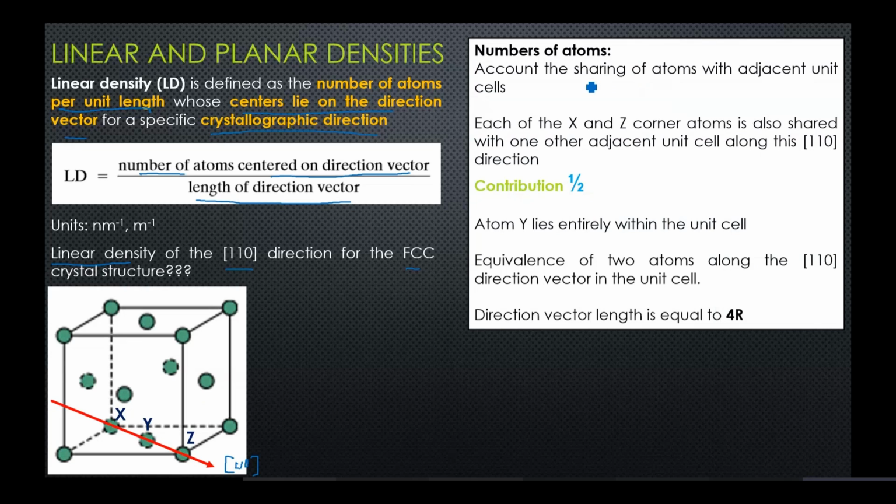Accounting for the sharing of atoms with adjacent unit cells, X and Z are being shared by 2 unit cells along the same direction. Along the same red line, they are being shared by this unit cell as well as a unit cell which is adjacent to it.